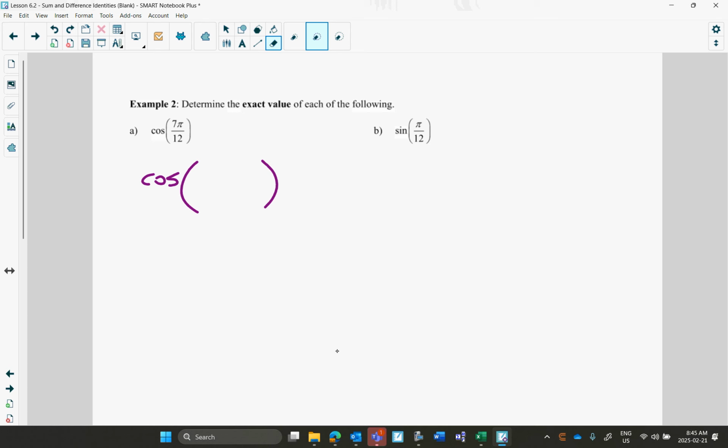So how do we figure out what angles we can add or subtract that are the same as this? Well, over here, think of the angles we're familiar with on the unit circle. Give me an angle on the unit circle that we often work with. A simple one. Pi over 6.